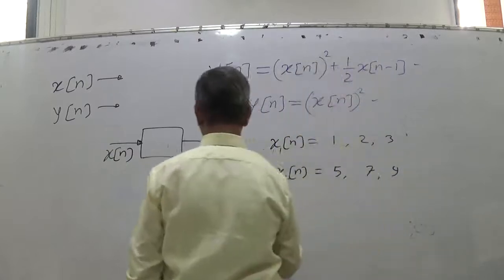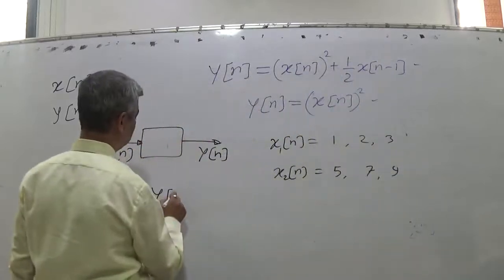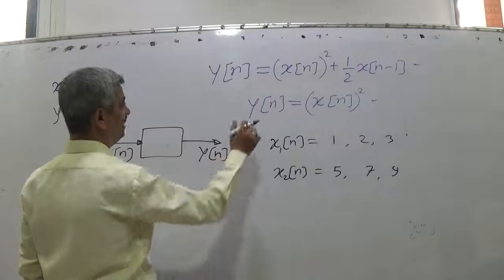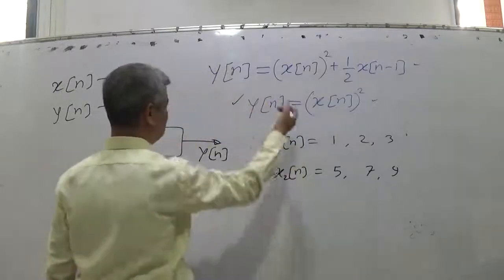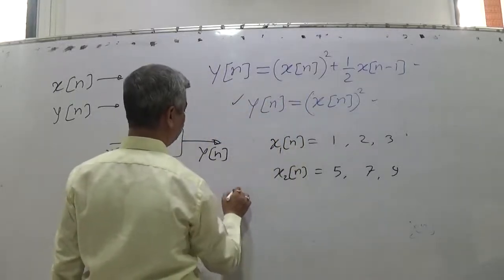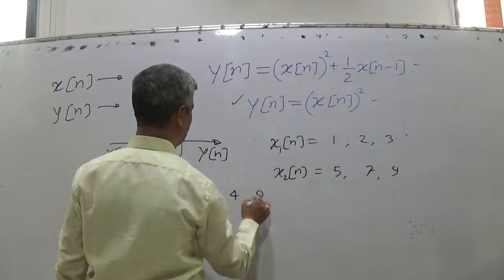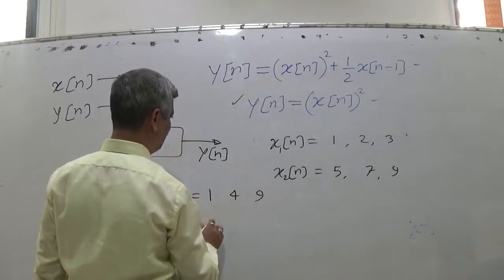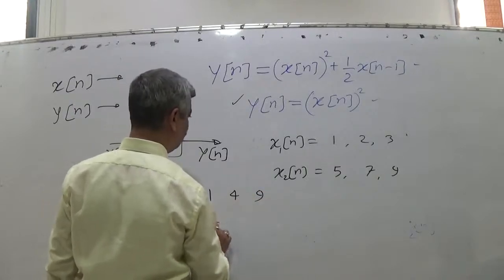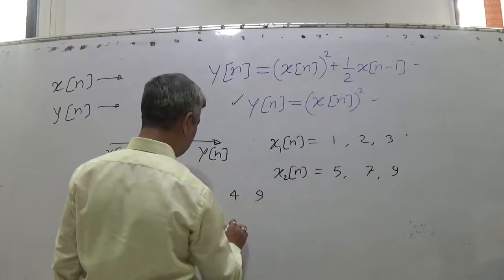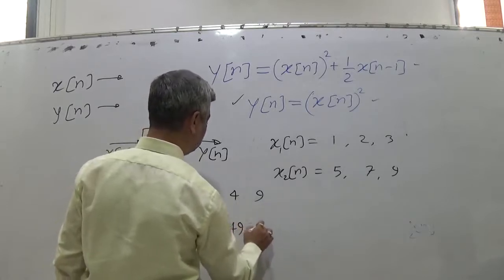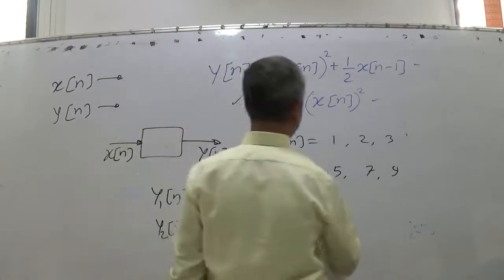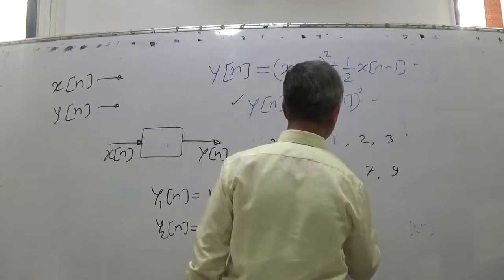Then what will be y1[n]? With the system being x²[n], y1[n] would be 1, 4, 9. What will be y2[n]? y2[n] would be 25, 49, 81.